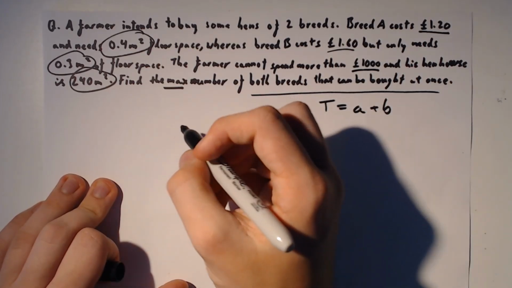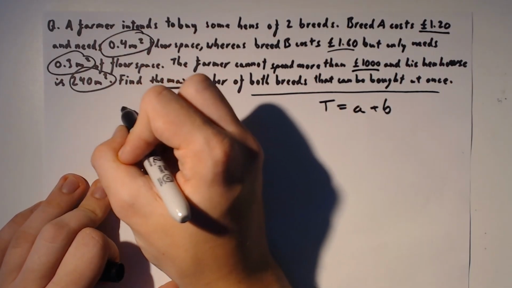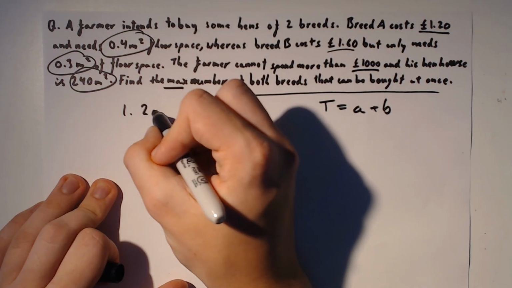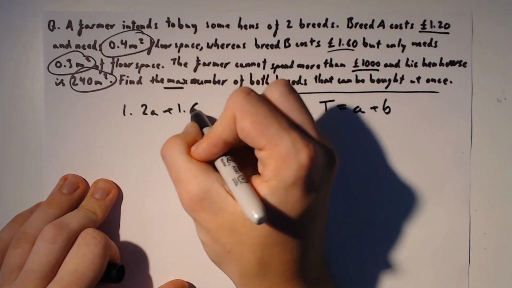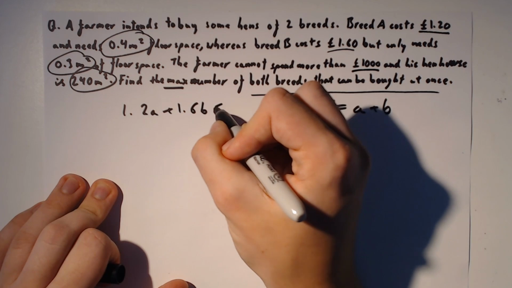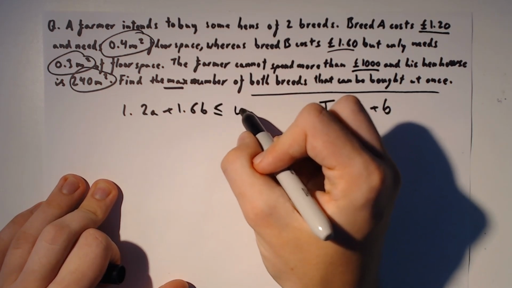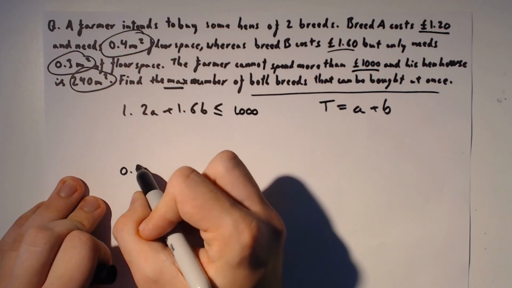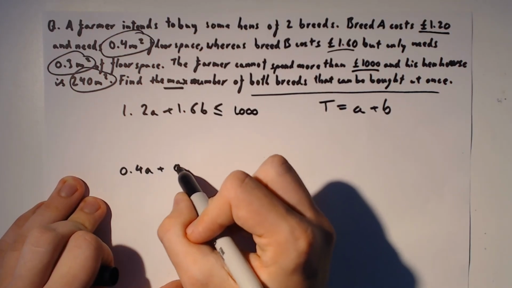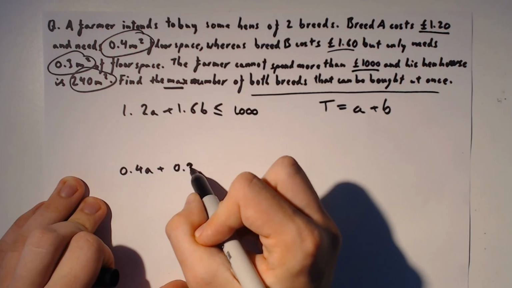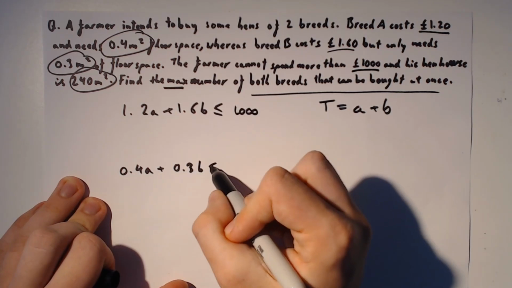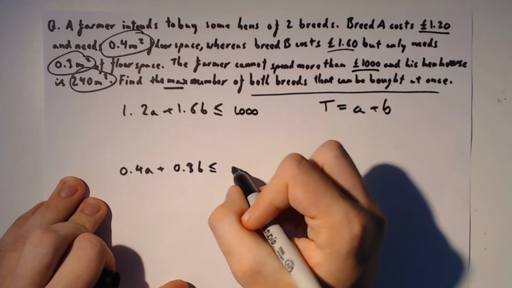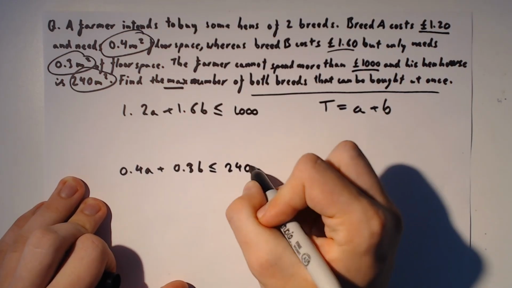So let's make them now. We have 1.2a plus 1.6b is less than or equal to 1000, and 0.4a plus 0.3b is less than or equal to 240.